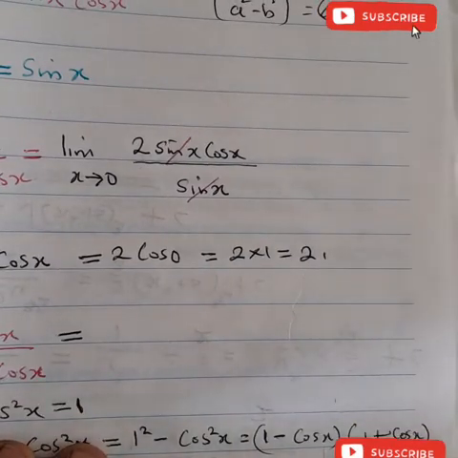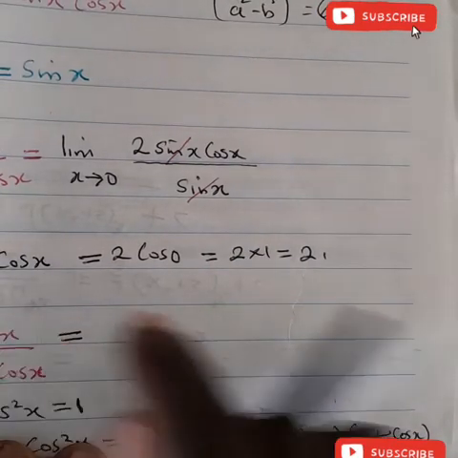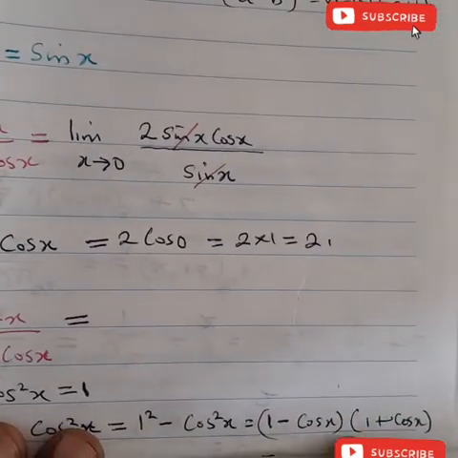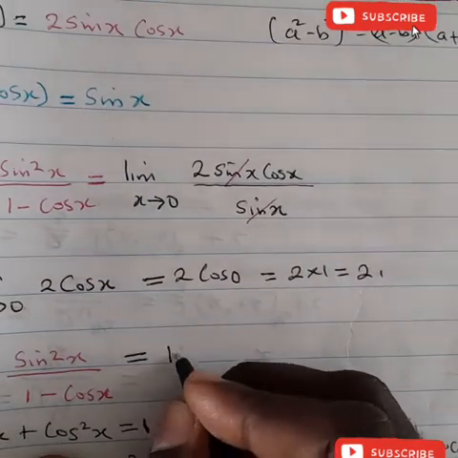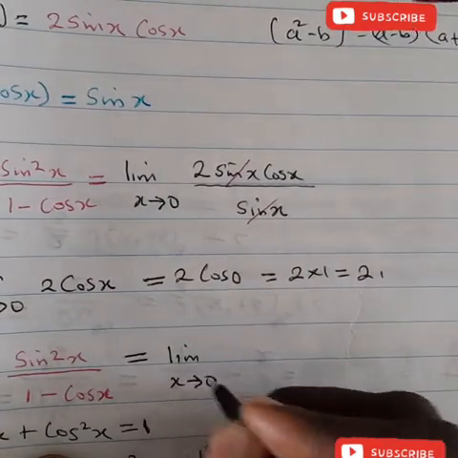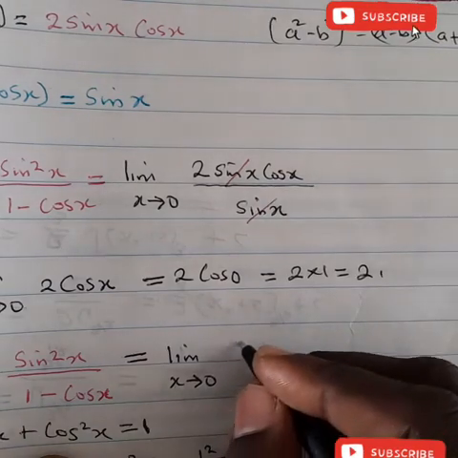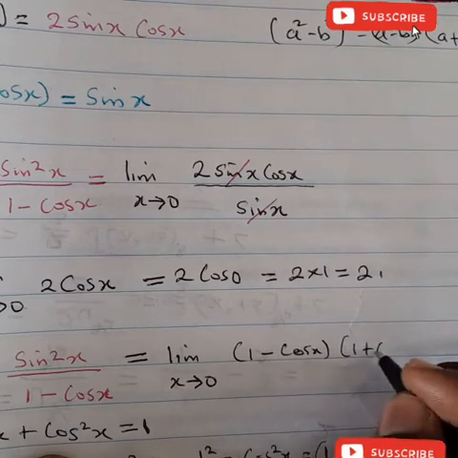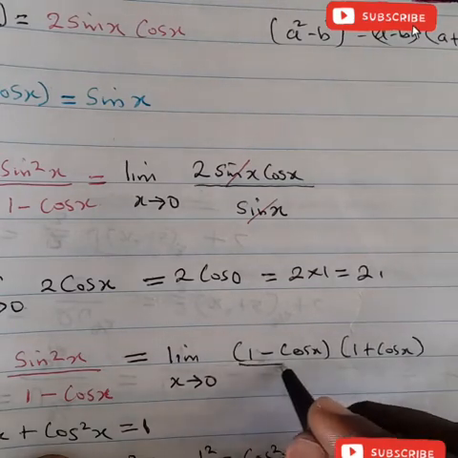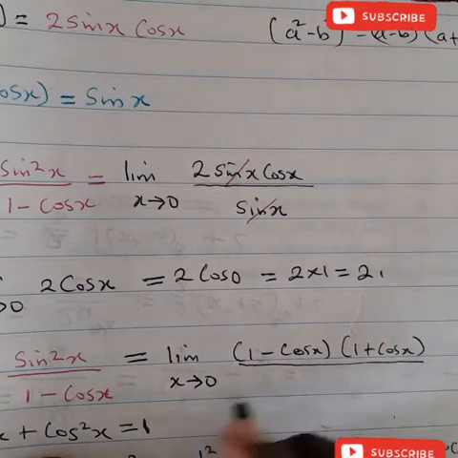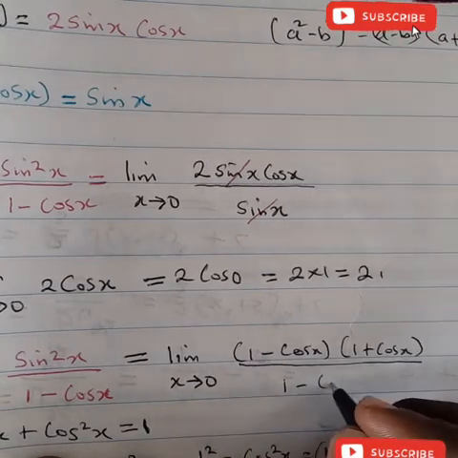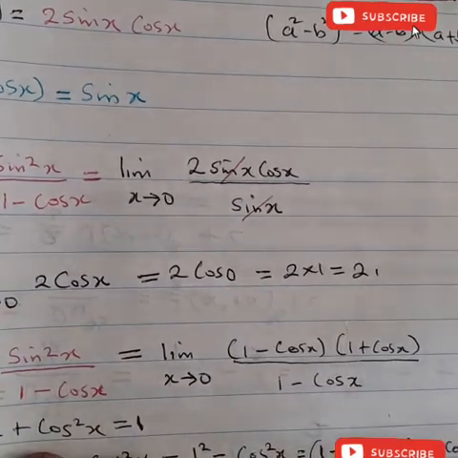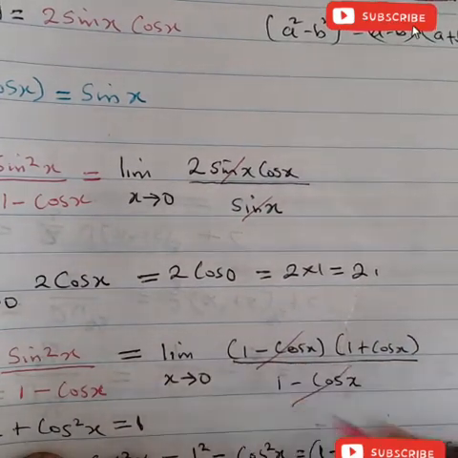Now we can go back to our limit and replace sin squared x with this. So I'm going to have the limit as x tends to 0 of 1 minus cos x times 1 plus cos x, divided by 1 minus cos x. From here you can see that this will cancel out this.